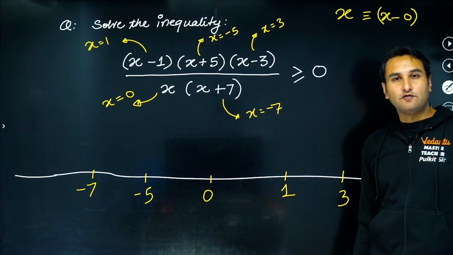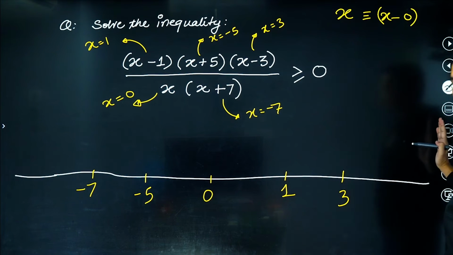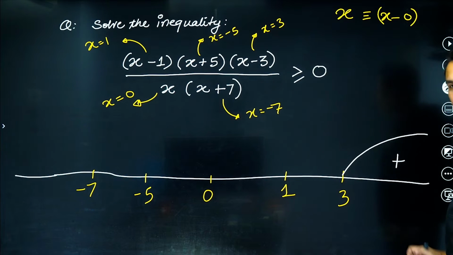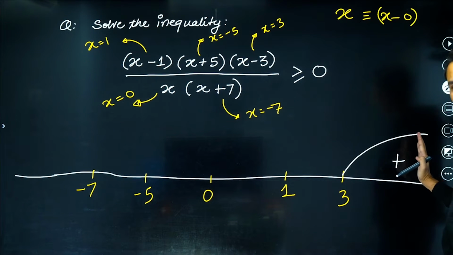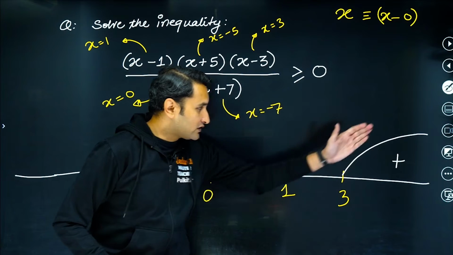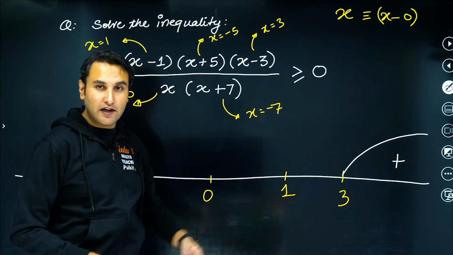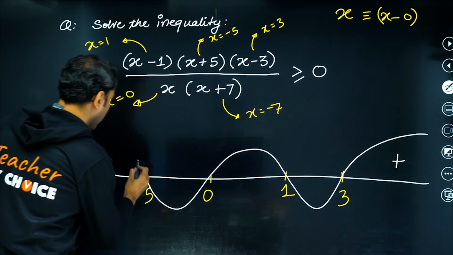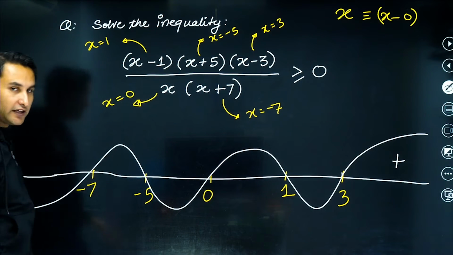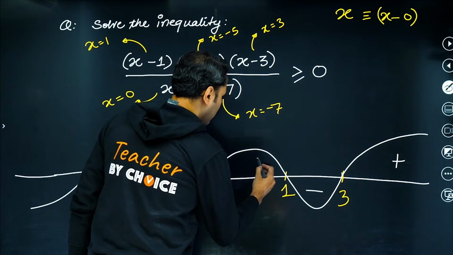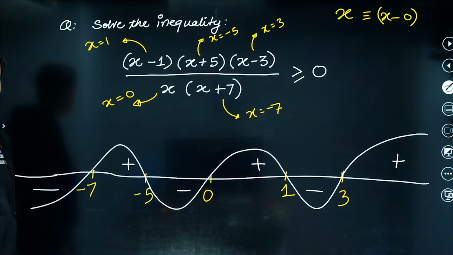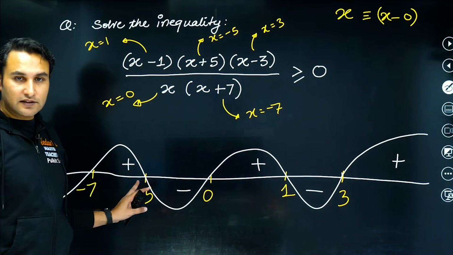From where will the train start? From the positive side of infinity, it comes with a positive sign. Alternate: negative, positive, negative, positive, negative. Minus, plus, minus, plus, minus. Simple, done.